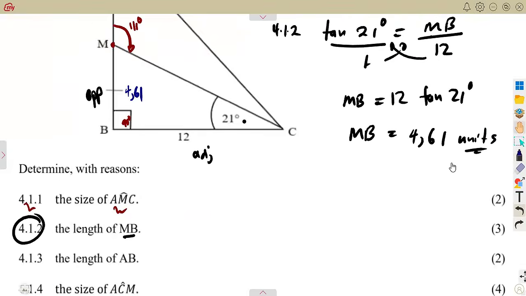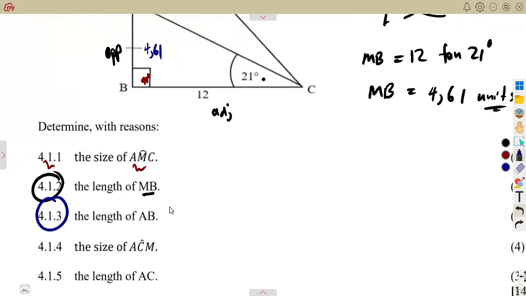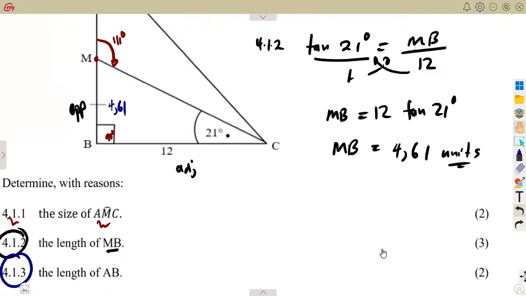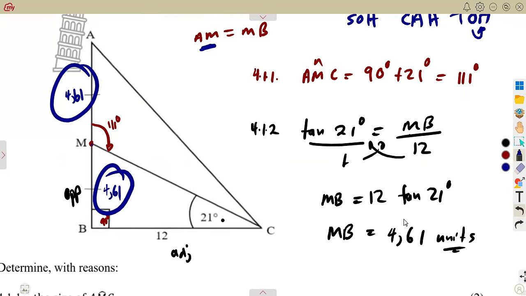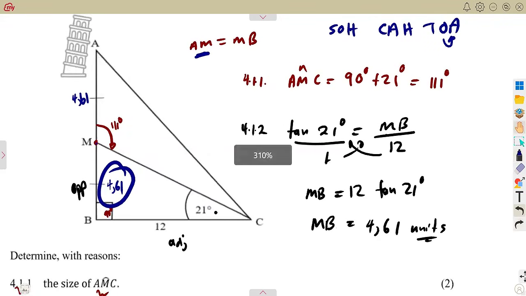And the other part was to calculate the length of AB, and that is just 2 marks. Why is that so? Because we are told before, remember, that M is the midpoint. So from M to B, it is equal to A to M, meaning we also have 4.61. So you simply add 4.61 plus 4.61. That's to determine the length of AB, or simply you multiply by 2.